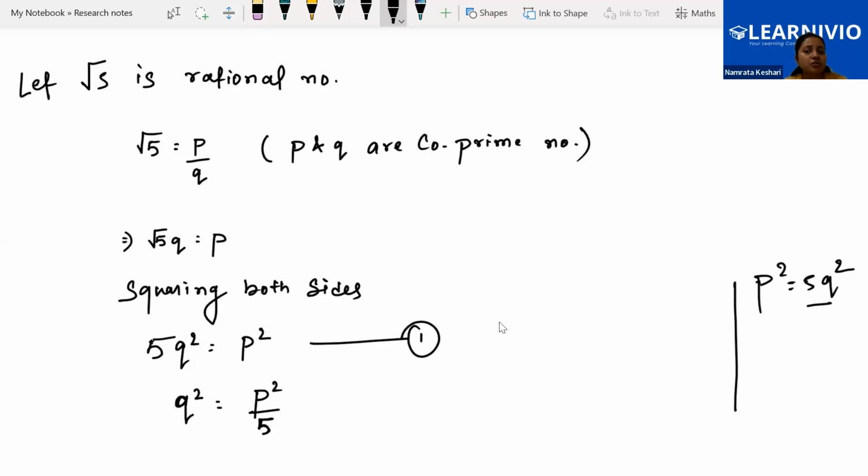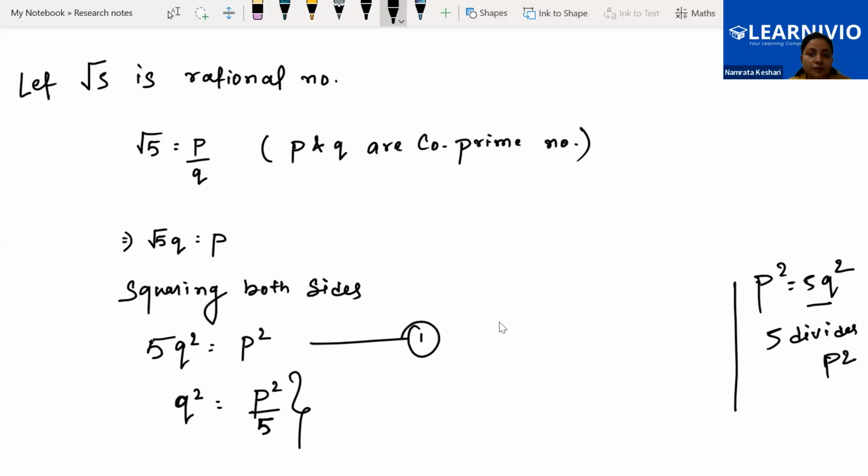It can be confusing to write that 5 divides p square. But when we have written it this way, can you see 5 divides p square? It is more clear. Can you see?